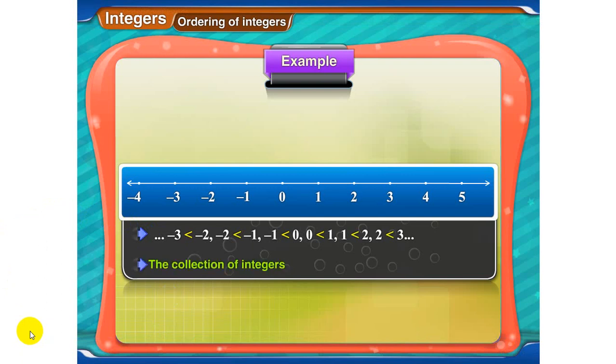Hence, the collection of integers can be written as -5, -4, -3, -2, -1, 0, 1, 2, 3, 4, 5, and so on.